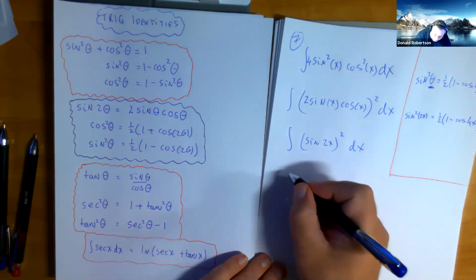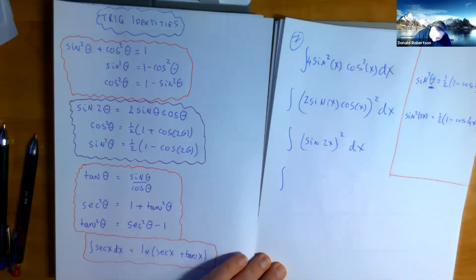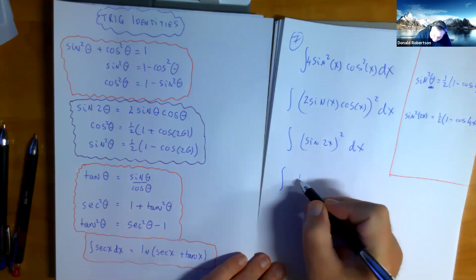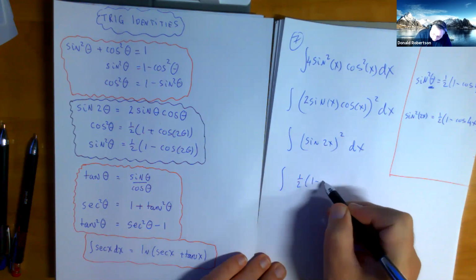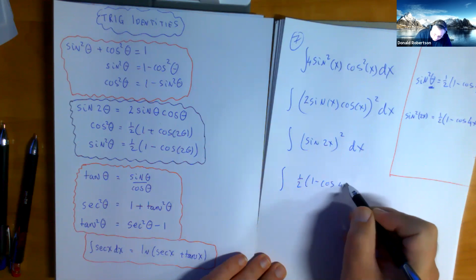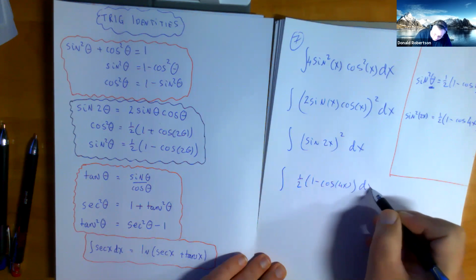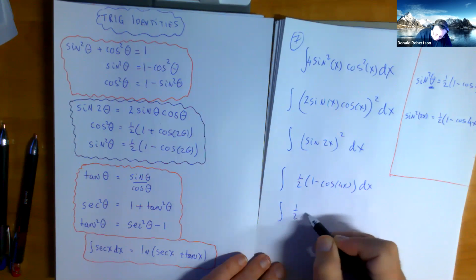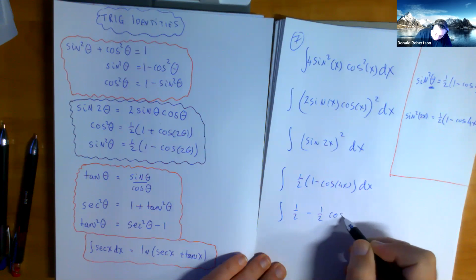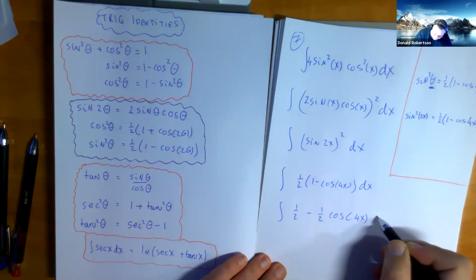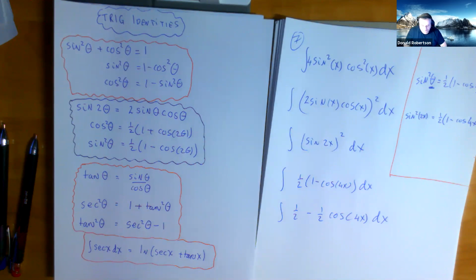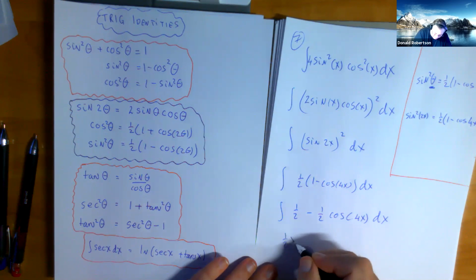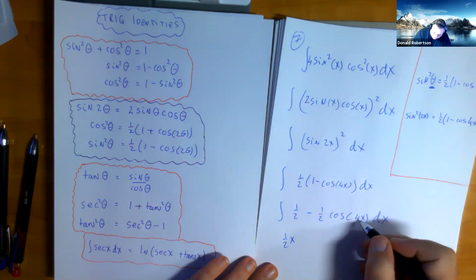Which means we now have 1/2 times 1 minus the cosine of 4x, which then becomes 1/2 take away 1/2 cosine of 4x. And that can be integrated. That is a half, gets you half x. A cosine, when you integrate it, gives you a sine.